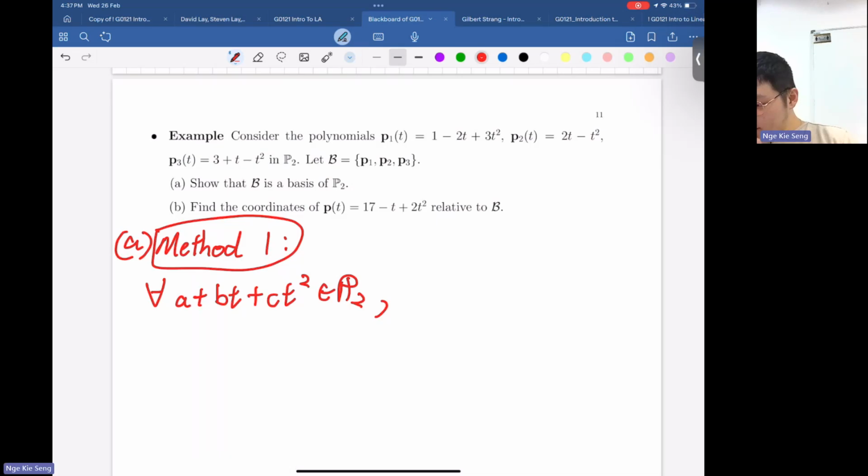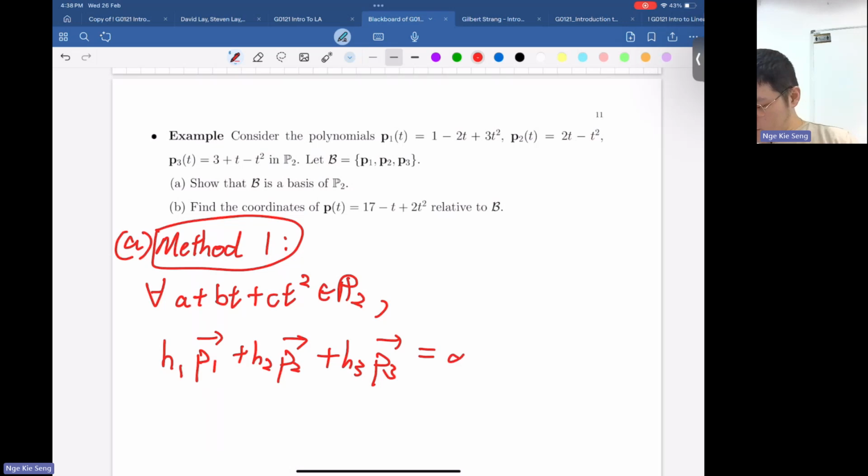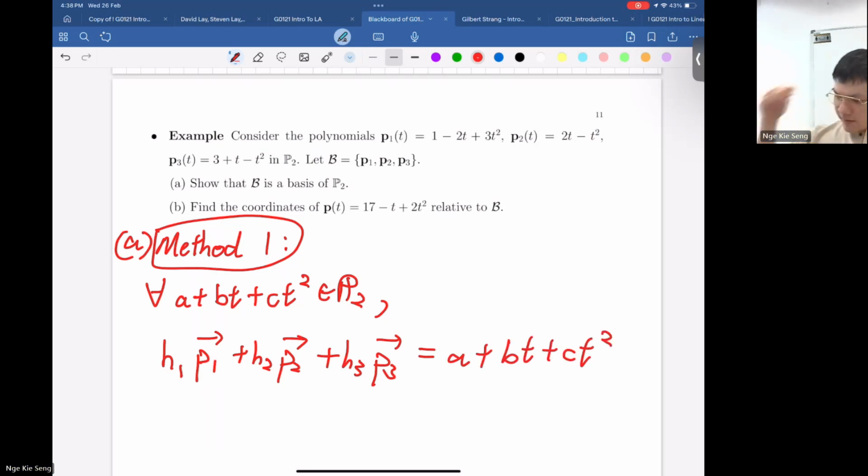X, Y, Z. Okay, use X. So X1 times P1 plus X2 times P2 plus X3 times P3 equals a plus bt plus ct squared. Does there exist X1, X2, X3 such that this is true?